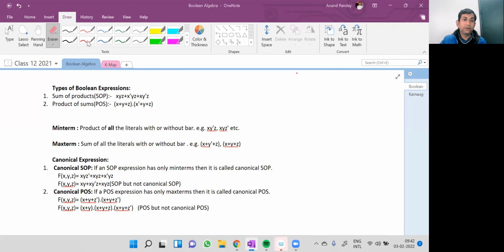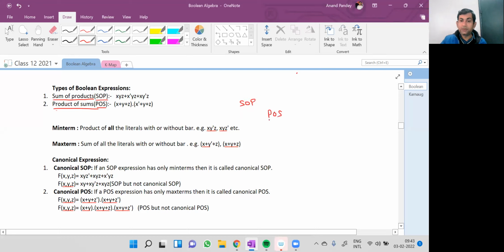There are two types of Boolean expressions. First is sum of products, another is product of sums. SOP and POS. These terms will be used all the time, and will become common gradually. SOP is sum of products, and POS is product of sums.